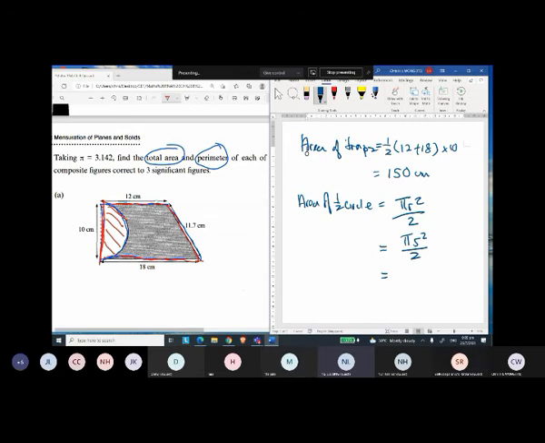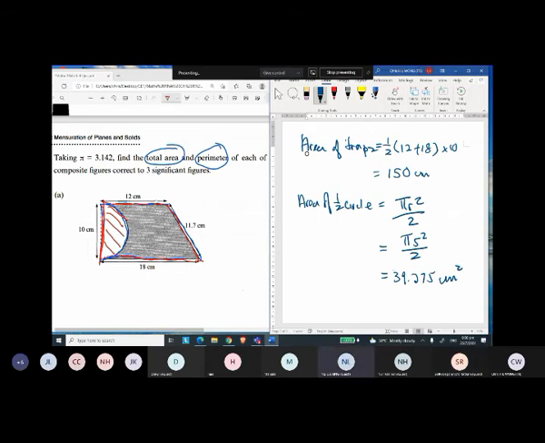Pi must be 3.14. So it is 3.14 times 25 divided by 2. The answer is 39.275 cm squared. Is it correct? Yeah.